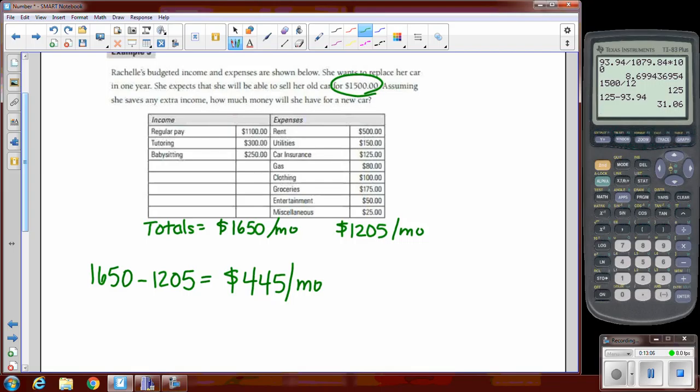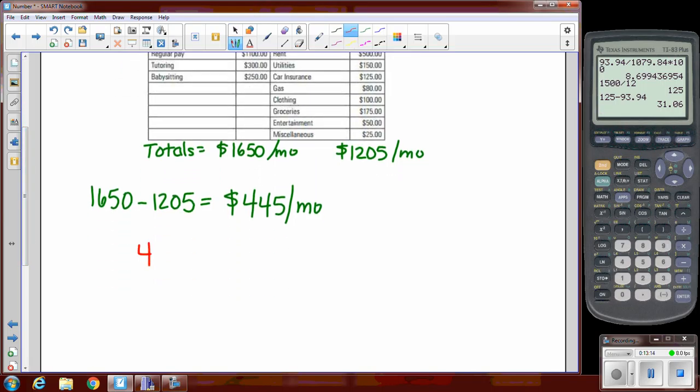And it does say that she wants to save in 1 year. So if that's per month, we could take this number and say, well, 445 times the 12 months in a year, she could actually end up saving $5,340 in 1 year, assuming that there's no big unexpected expenses.